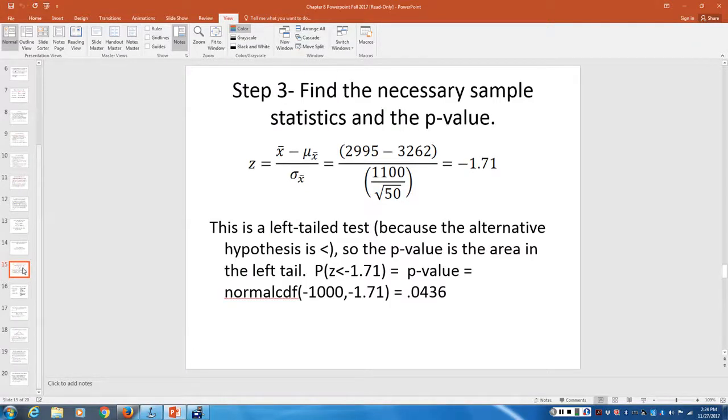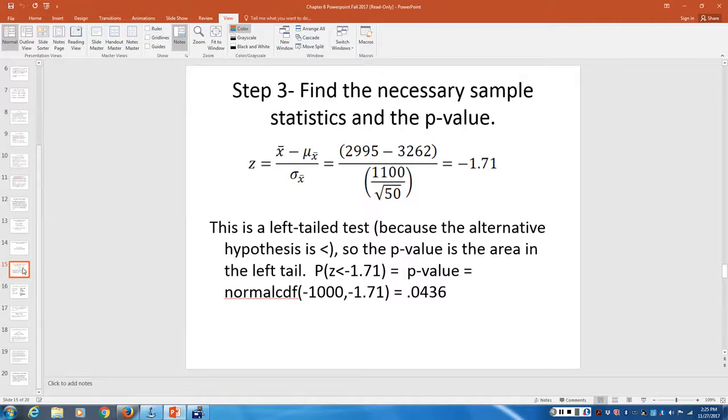Step 3 is to find the necessary sample statistics and p-value. Finding the sample test statistic is just calculating the Z-score. That's what the calculator did for you. It did the arithmetic. This is a left tail test because the alternative hypothesis was less than.